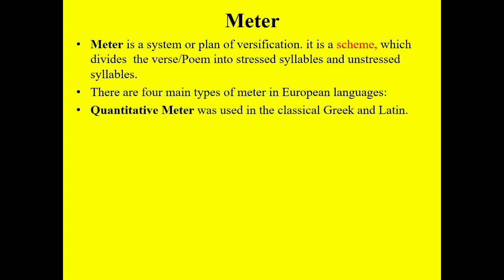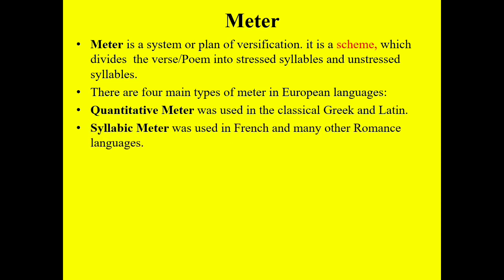The first is quantitative meter, which was used in classical Greek and Latin. The second is syllabic meter, which was used in French and many other Romance languages.